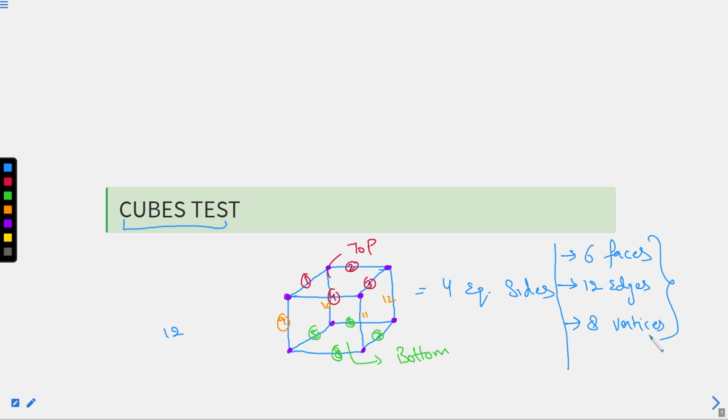All these 3 parameters, 6 faces along with 12 edges and 8 vertices, form a 3D shape. And the condition is, if all edges are equal, it means it is a cube.